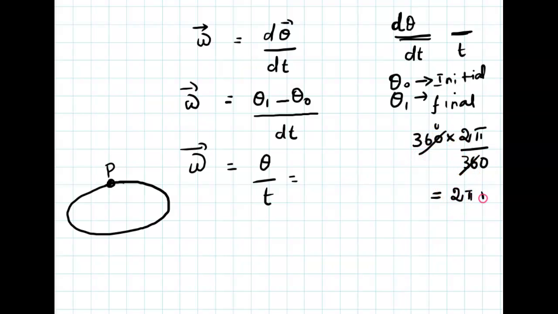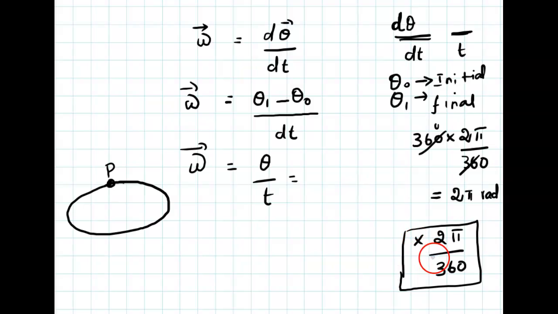So 2 pi radian; multiply by 2 pi divided by 360 is the value to convert from degree to radian. So what is the total angular displacement? 2 pi radian, divided by the time taken for one complete revolution, which is the time period.